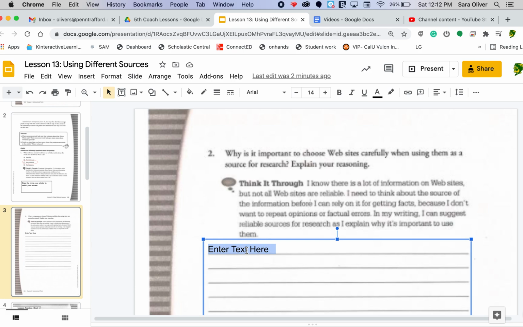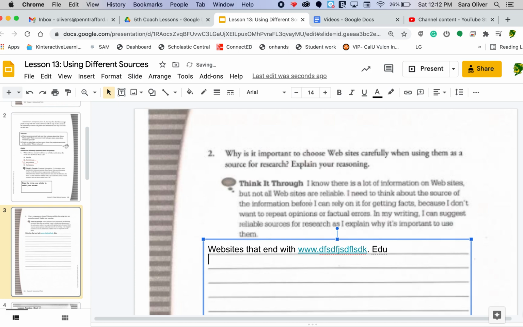Also, a good clue that helps you is how a website ends. So if a website ends with www.something.edu, that edu at the end means education, so we know that they're giving us information.